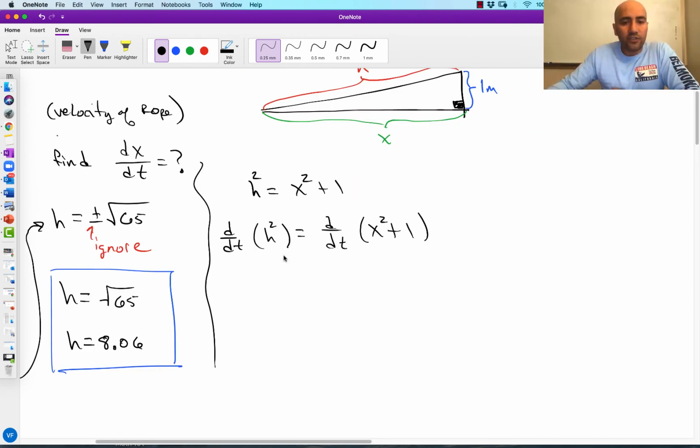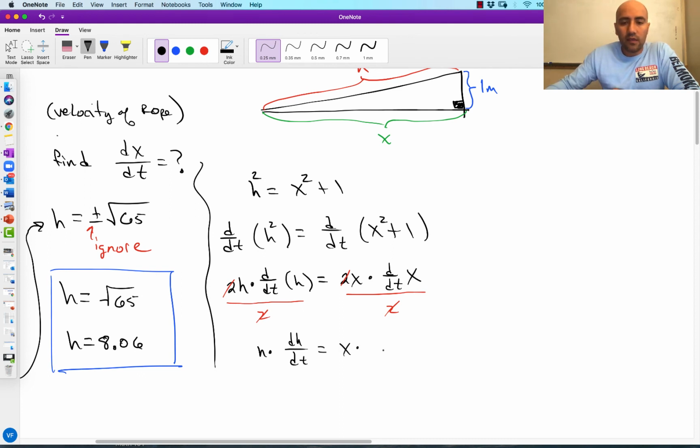So using implicit differentiation, this is going to be 2h times dh/dt equals 2x times dx/dt. Simplifying it, divide everything by 2, that cancels, and so we'll get h times dh/dt is equal to x times dx/dt.